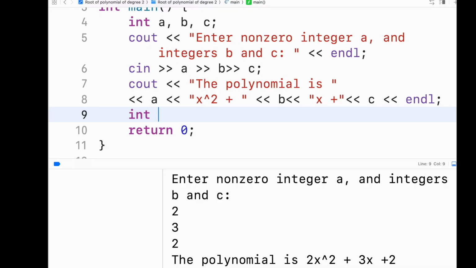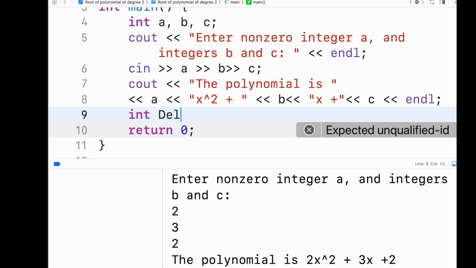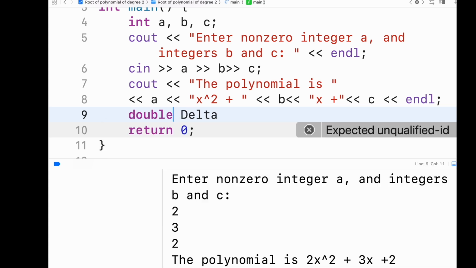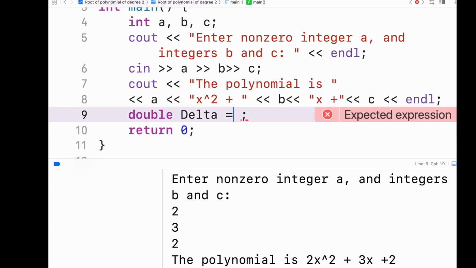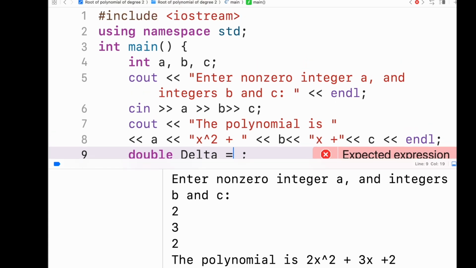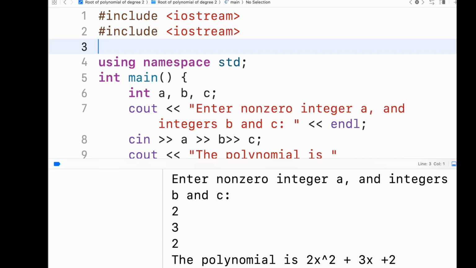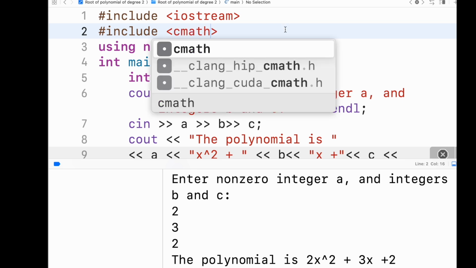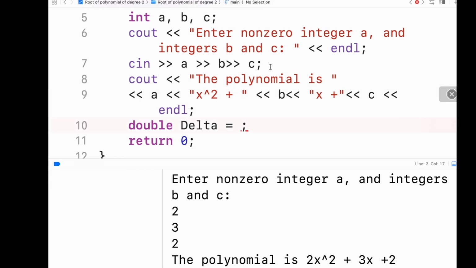Now we introduce our delta. It's better to be double because later we take root of it. So double delta is equal to, here we want to take b squared. So we need to add another package, cmath, to be able to calculate a square root of numbers.